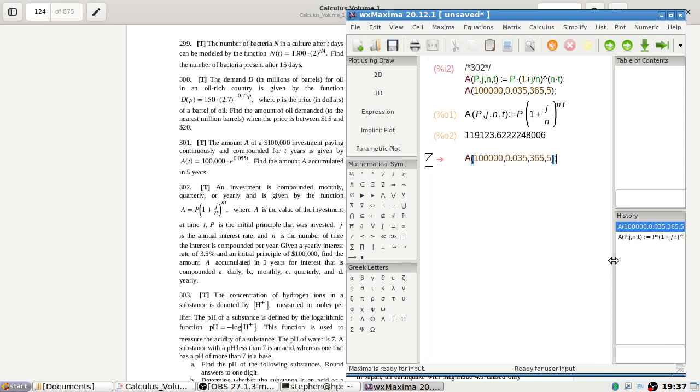But wow, what unit is the T in? I think that's okay. The next one then is monthly. Quarterly and yearly.